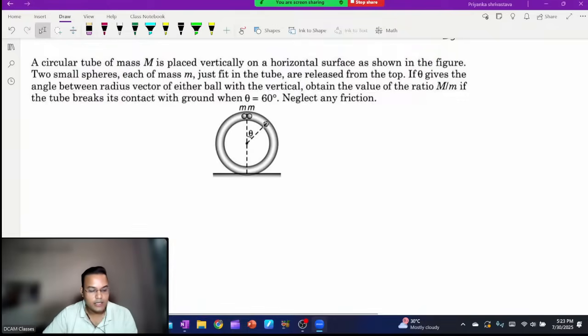No, you have to be very clear here, when it will be breaking contact. Up to that part you are okay. N plus mg, this normal reaction, the velocity you will find. Then after finding the velocity, you will make its equation. That's the normal reaction with mg.